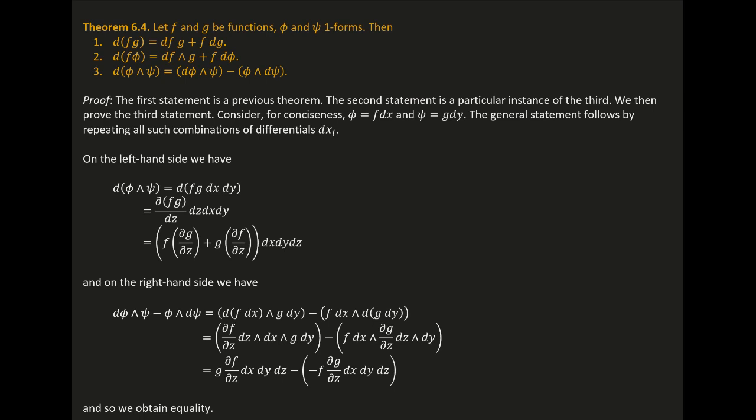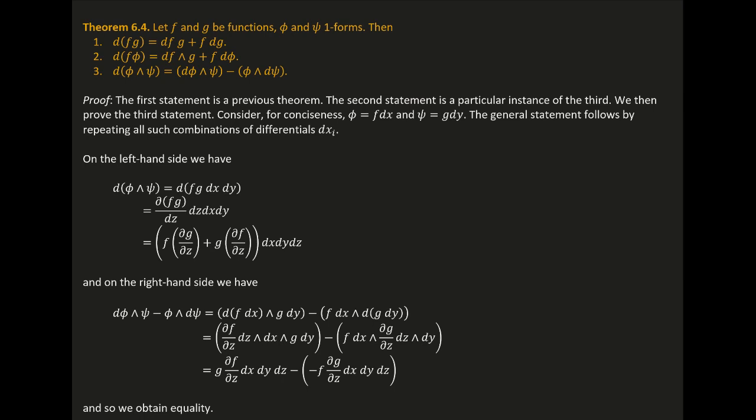Consider, for conciseness, phi equal to f dx and psi equal to g dy. The general statement follows by repeating all such combinations of the differentials dxi. On the left-hand side, we have the exterior derivative of this wedge product being, by definition, the exterior derivative of fg dx dy.